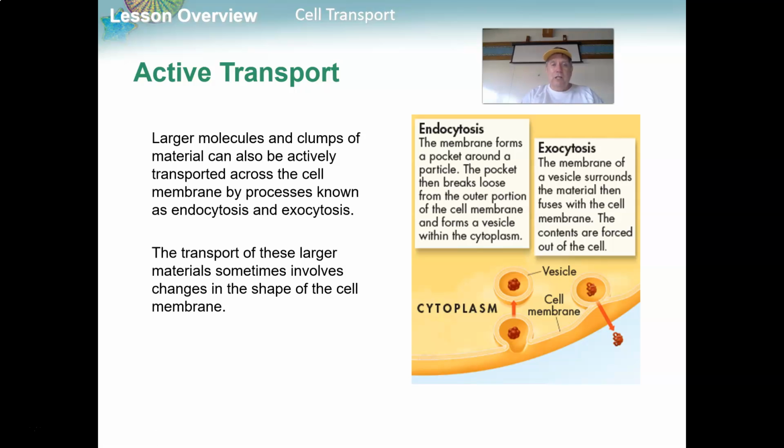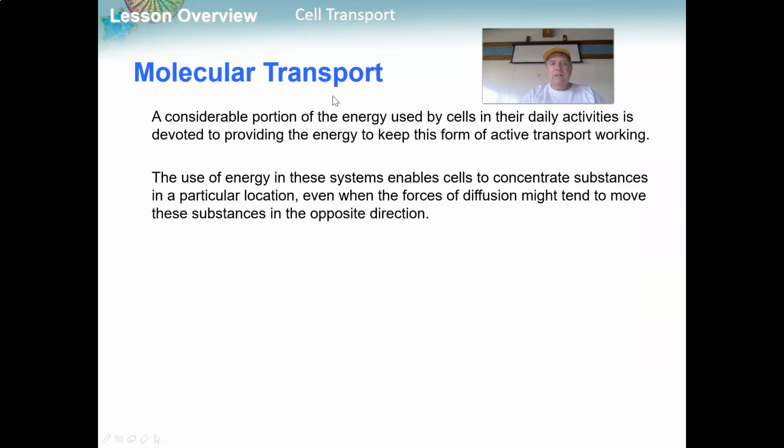Larger molecules and clumps of material can also be actively transported across the cell membrane by processes known as endocytosis and exocytosis. The transport of these larger materials sometimes involves changes in the shape of the cell membrane. A considerable portion of the energy used by cells in their daily activities is devoted to keeping this form of active transport working.